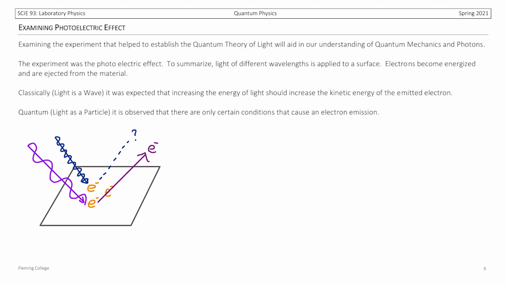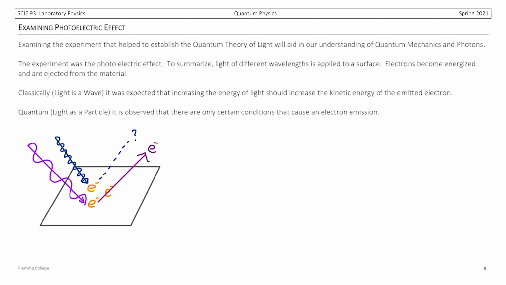The quantum theory here observes that the intensity isn't as important to the effect of whether or not an electron is ejected, so much as the actual energy level. So even dim light at the correct wavelength can still eject particles.